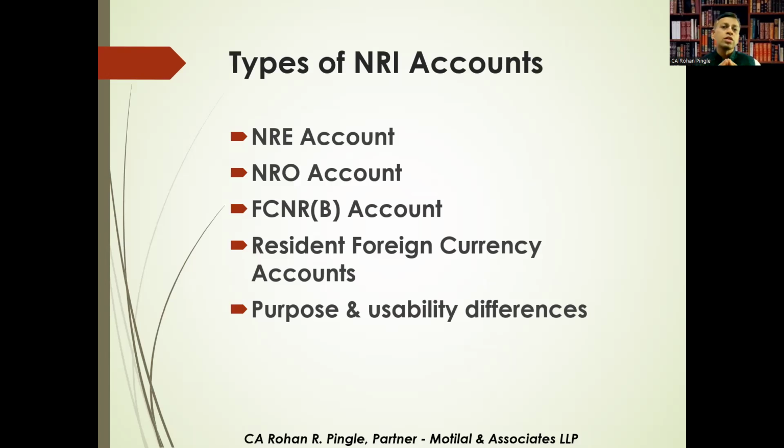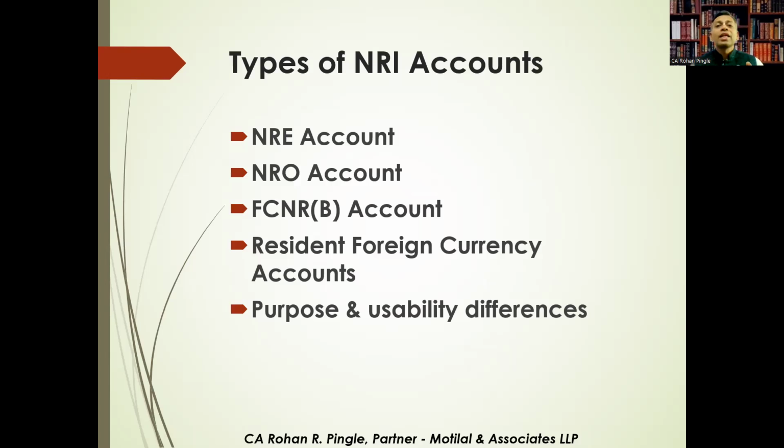For concurrent auditors, understanding this distinction between NRE, NRO, FCNR accounts is absolutely essential because audit observations frequently arise from improper account classification. That is more important, whether the account is properly classified as NRE or NRO or FCNR. The three major categories are non-resident external account, that is NRE, non-resident ordinary account, that is NRO, and foreign currency non-resident bank account, that is FCNR.